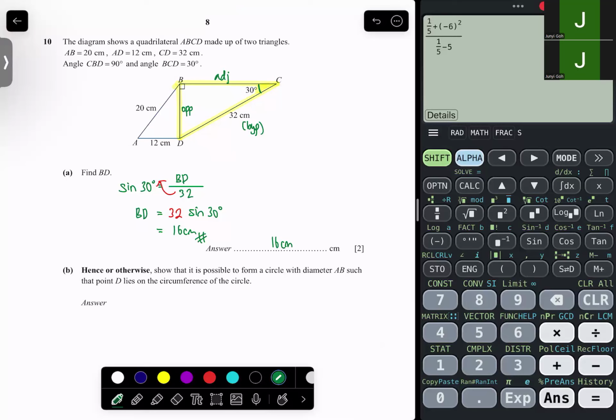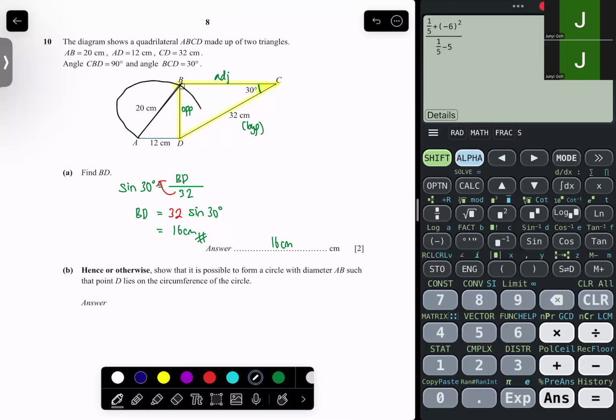Usually you have to use what they recommend you. If you went the other way, it will probably be more complicated. Okay, it is possible to form a circle with AB as the diameter, such that the point D lies on the circumference.